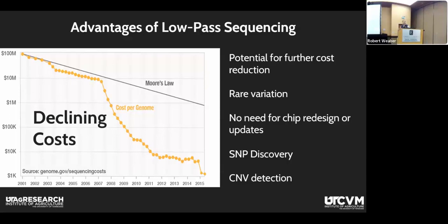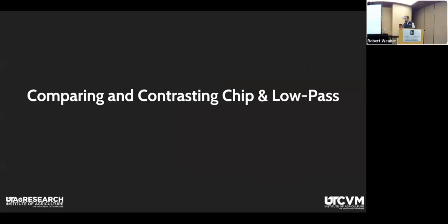There's also the ability to represent rare variation, and not needing to redesign chips as we identify new informative markers. And then again, as Warren talked about earlier, the potential for doing CNV and SNP discovery in low pass is something we have the opportunity to do that we wouldn't have in the context of chips.